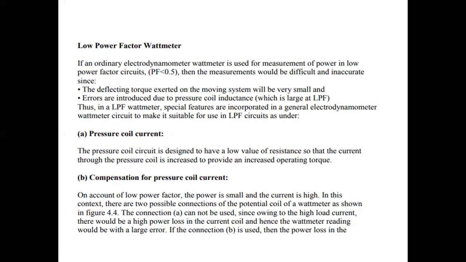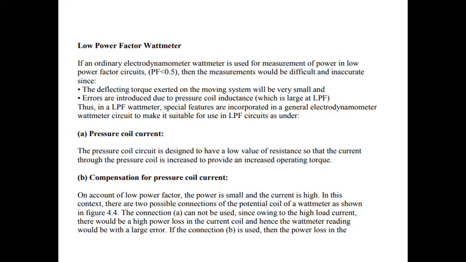Suppose the pressure coil inductance is already high and the load is inductive; then due to this, the deflecting torque produced will be very less.